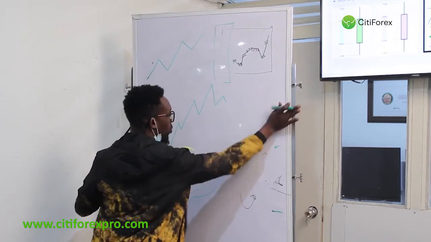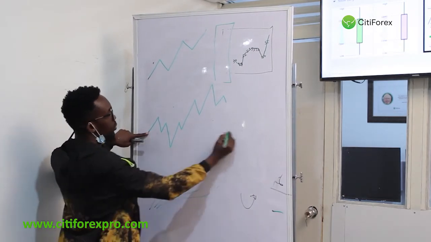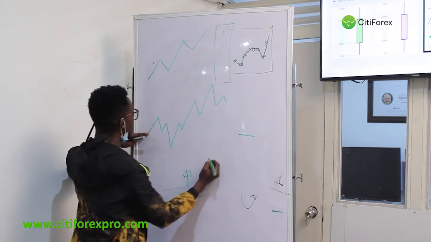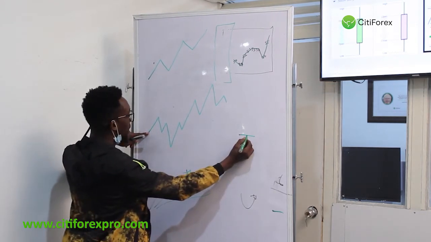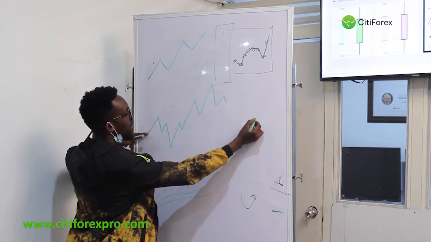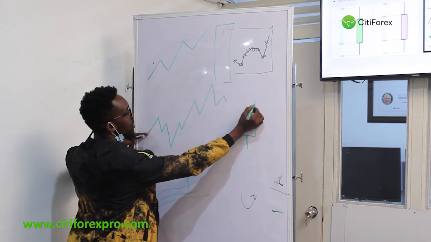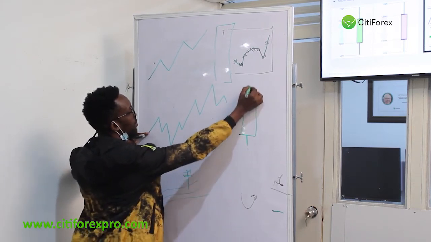But I think there's going to be wicks this time, right? See where it opened. This is where it opened. So we have the body here. Look at here now. The market came down here, went back up again, and continued, right? We are having a similar scenario here too. So this is it, right?